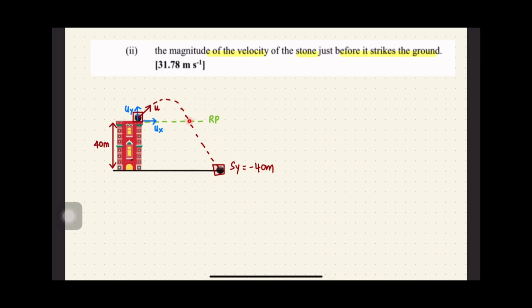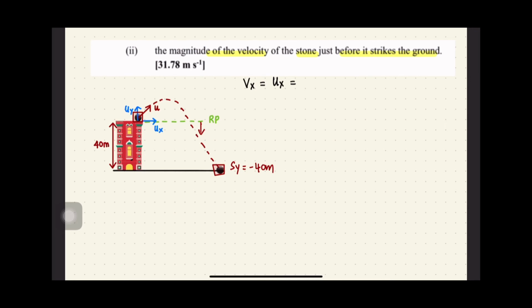So dekat sini Sy kita kosong. And then kita nak cari di bawah ni. So yang tinggal adalah height of the building, tapi dia duduk di bawah reference point. Bila duduk below reference point, maka nilai Sy pun negative 40 meter. So kita nak cari apa? Kita nak cari V. Okay, so kena cari dulu Vx. Remember that Vx in this case, projectile motion, always equals Ux at any position.